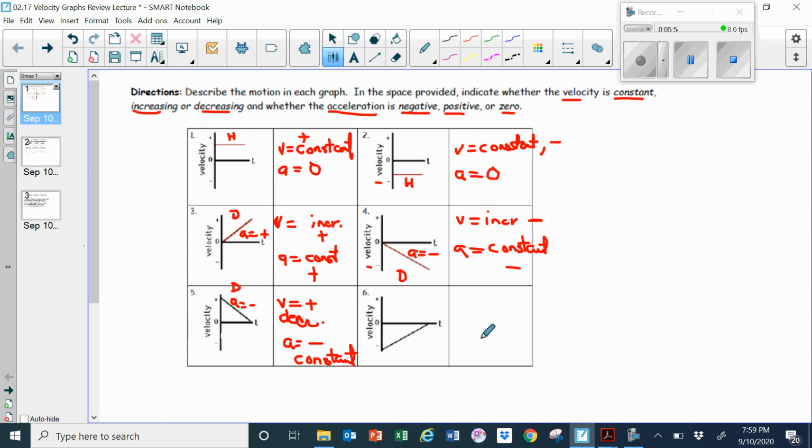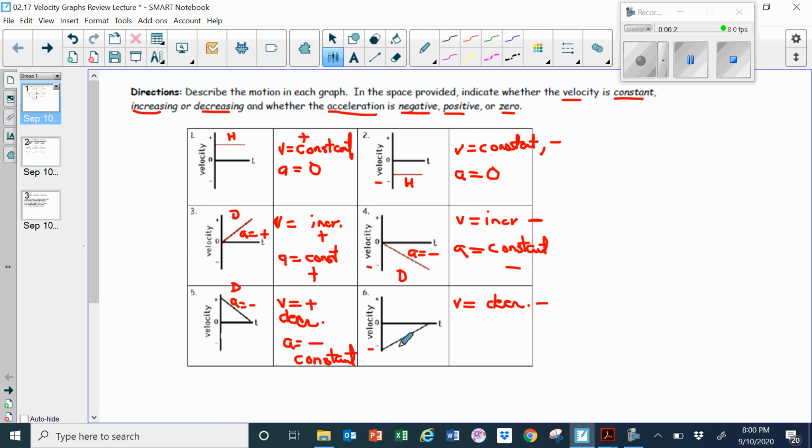Okay, one last one. The velocity in this case, well, think about it. It starts at a fairly large negative number and it ends at zero. So the velocity is actually decreasing. But the velocity, notice it's always negative, and by the end of this, it's about zero. So the velocity is decreasing, but it's negative.